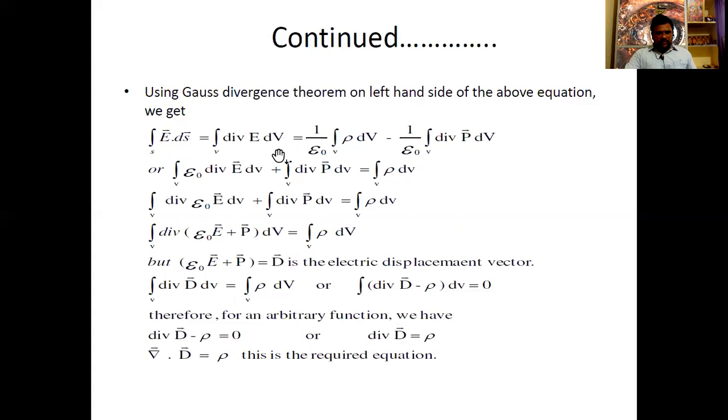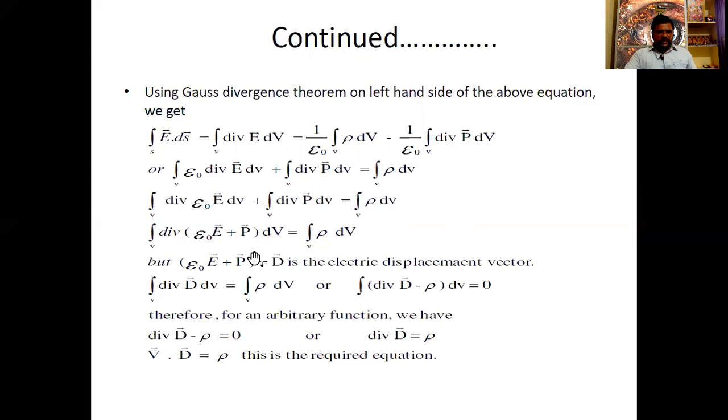So this is our equation now. This part is our Gauss law in electrostatics. By rearranging these terms, we come to an equation like this: volume integral of divergence of (epsilon naught E bar plus P bar) dV is equal to volume integral of rho dV.